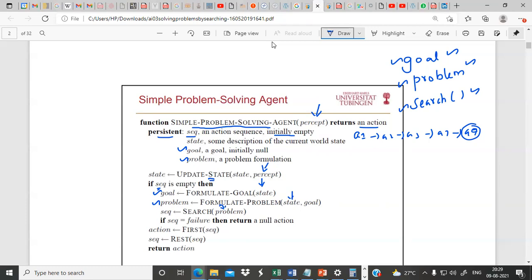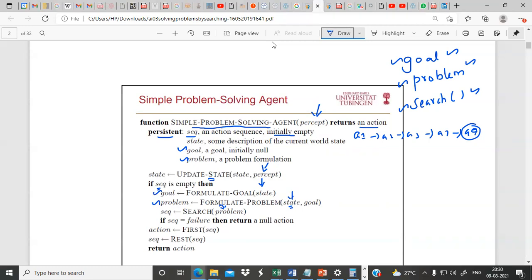So problem contains everything. It includes the current state and also it includes the goal state. So the search algorithm should identify the sequence which will move us from the current state to the goal state. So that is what the search algorithm is expected to do.